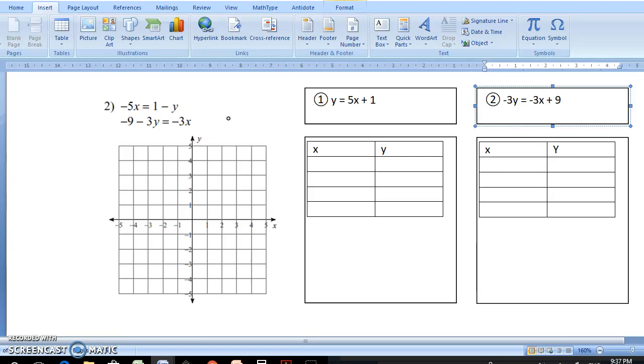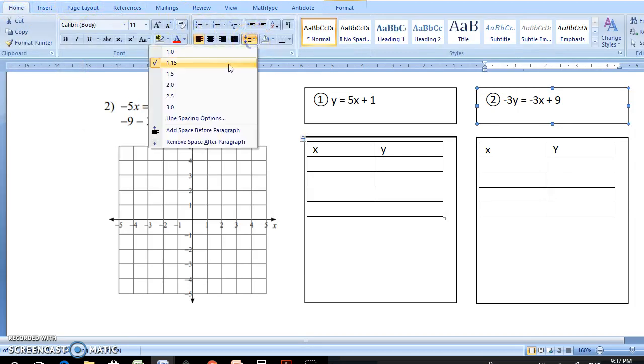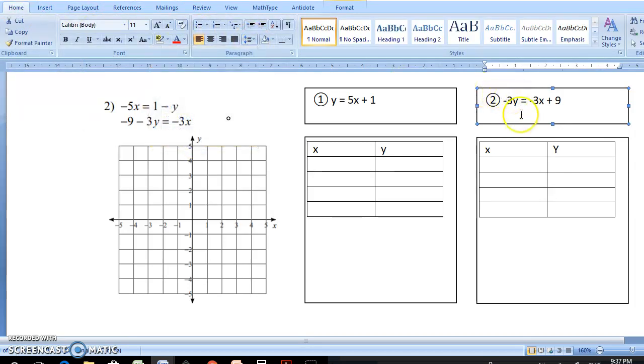And then if I divide both sides by negative 3, sorry, I would get y equals x minus 3. I divided every single one of the terms by negative 3.